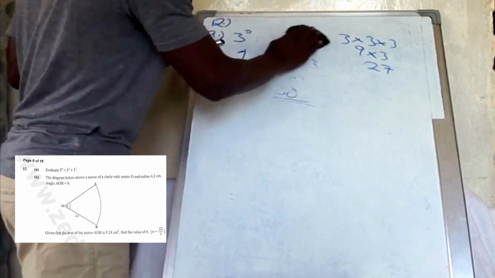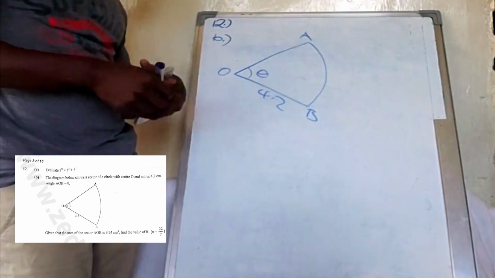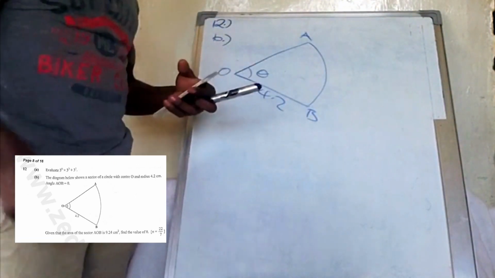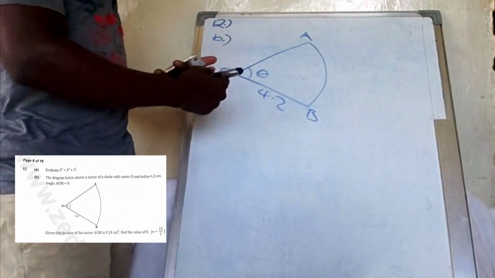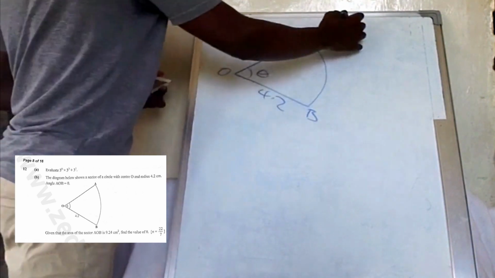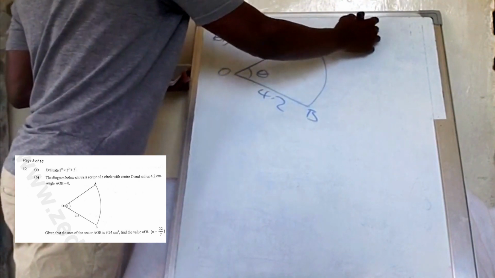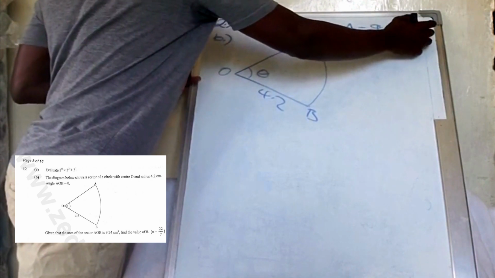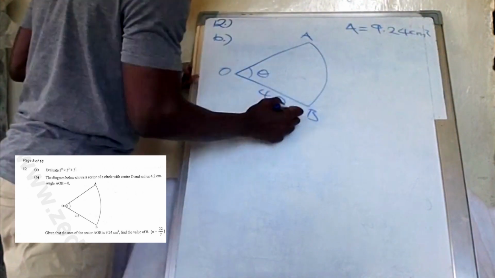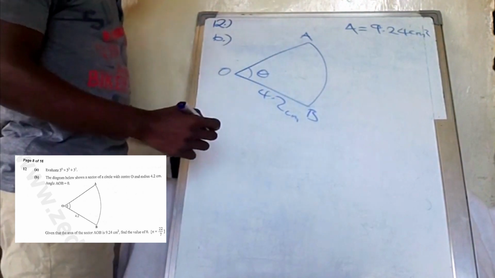Move on to B. In question 12b, we're given a sector and we're asked to find the angle theta, given the radius 4.2 and the area being equal to 9.24 centimeters squared. This is in centimeters as well. So how do you find the area?